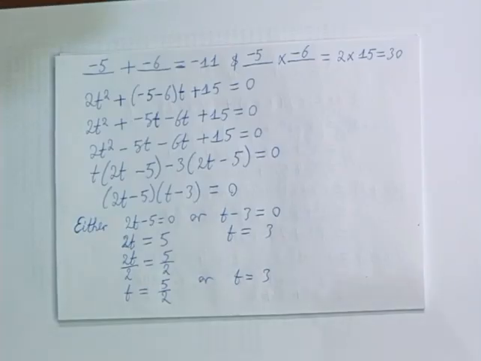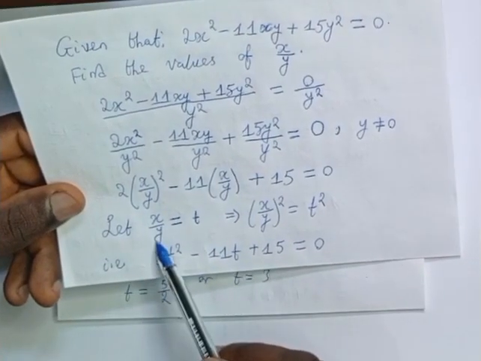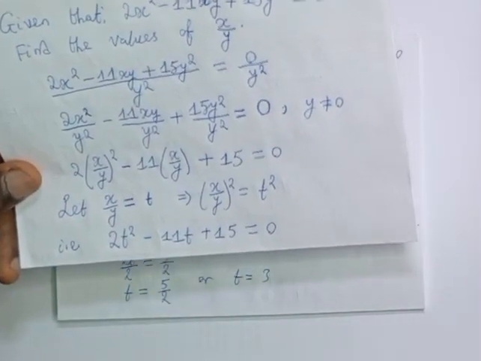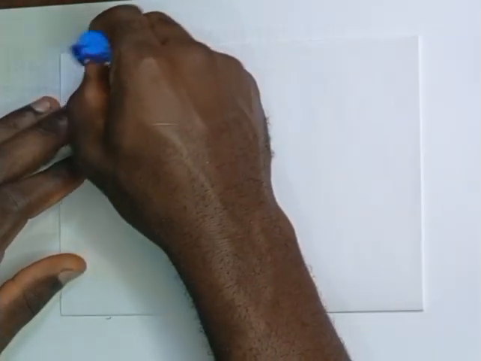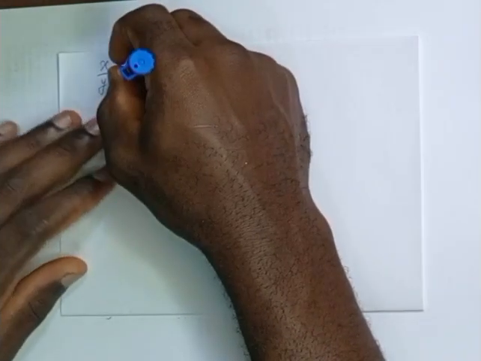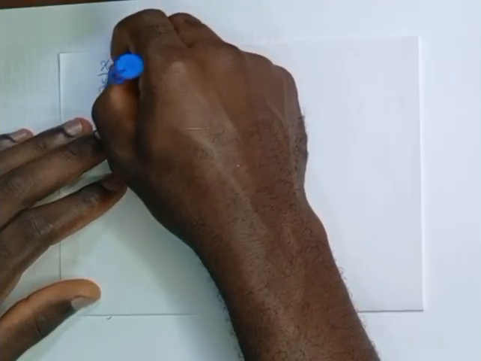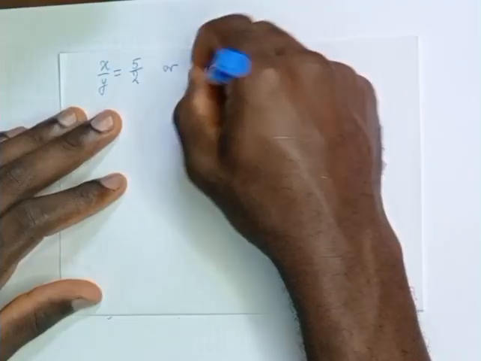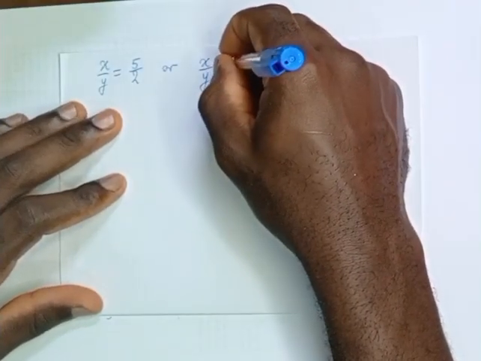But we are not solving for t. We are looking for x all over y. We know that t is equal to x over y. So we are going to replace t with x all over y. This gives us x over y equal to 5 over 2, or x over y equal to 3.